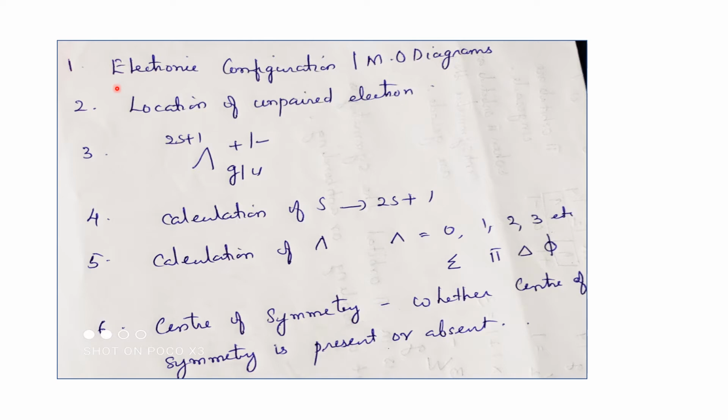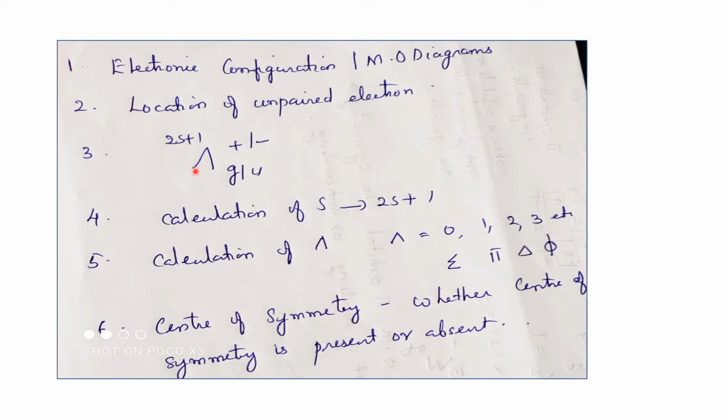How can we write the term symbol for a molecule? First, write the electronic configuration. Then, locate the unpaired electrons.